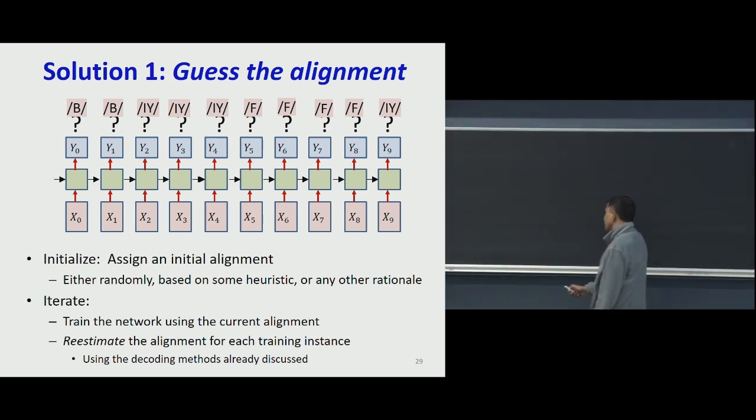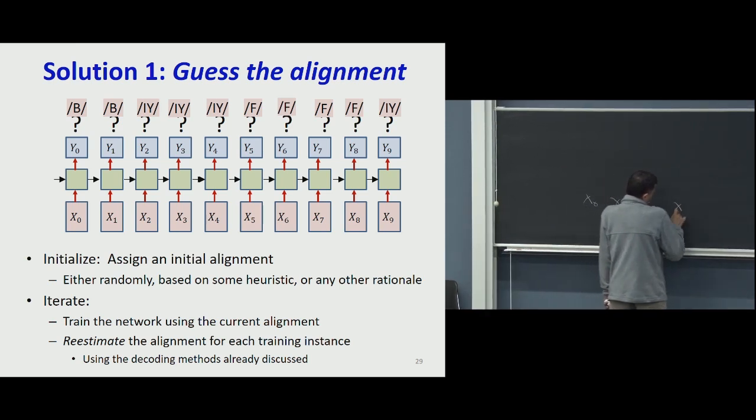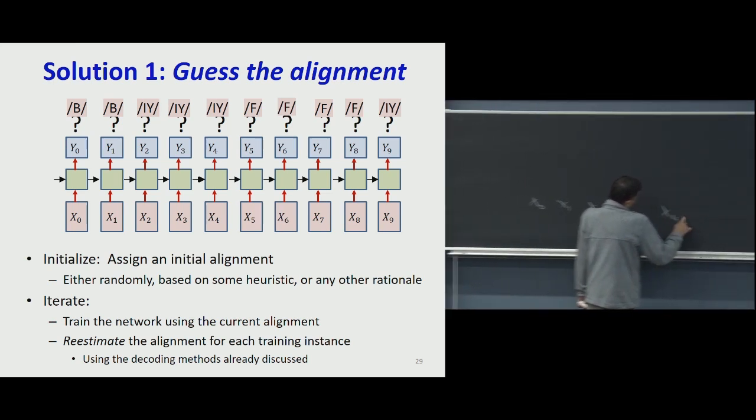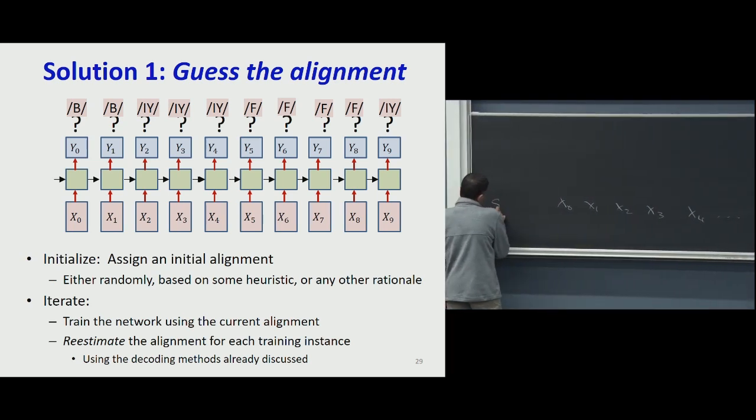I have x0, x1, x2, x3, x4. My indexing keeps varying through my slides, bear with me. And then I have the symbols S1, S2, S3, which could be something like B, E, M, beam, right?